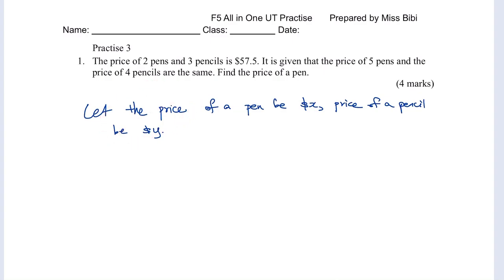Okay, now we know that 2 pens and 3 pencils are this much. So we write that first. 2 pens are 2x, and 3 pencils is 3y, equals 57.5, and that's your first equation. And the second one, 5 pens and 4 pencils are the same.